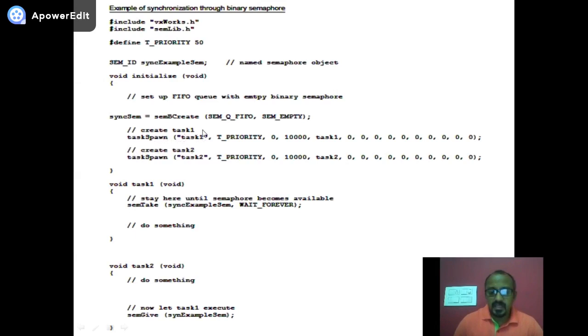It is created with the task name, its priority, how much stack size is required, and other parameters. Then whatever the task program is, you have to write void task 1 and the related program. Like that for task 2, task 3. And based on the priority, these tasks are executed.